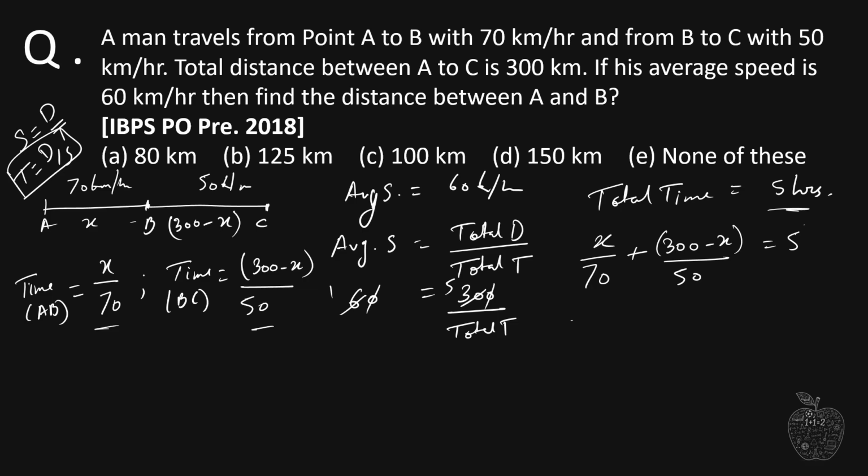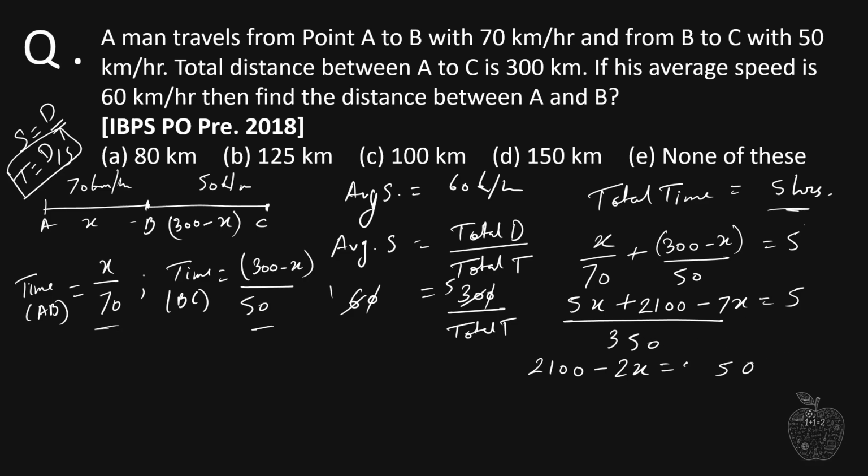Okay, let's take the LCM here. It would be 350. So 7 5s are 35, so 5x, plus 5 7s are 35, 7 3s are 21, so 2100 minus 7x, is equal to 5 times 350. So we get 2100 minus 2x is equal to 350 into 5, which is 1750.